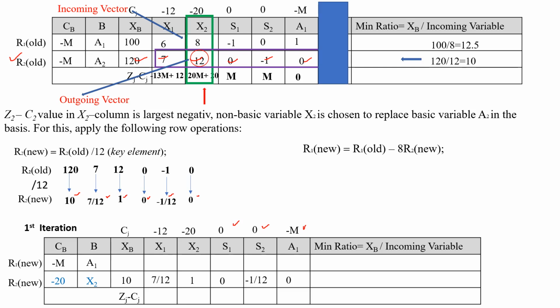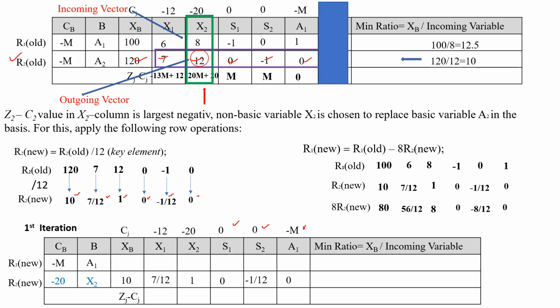Next we look at the second row operation, that is R1 new equals R1 old minus 8 R2 new. First write down the R1 old elements, that is 100, 6, 8, minus 1, 0, 1.